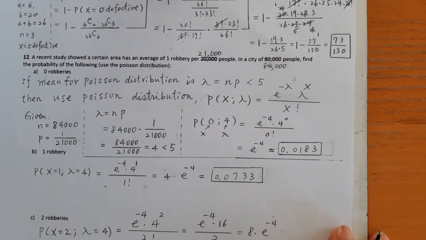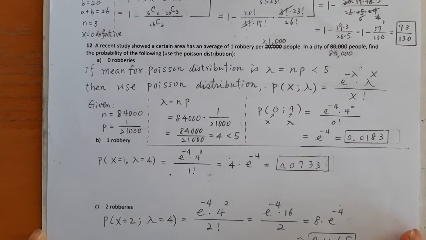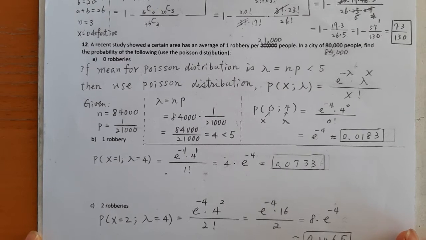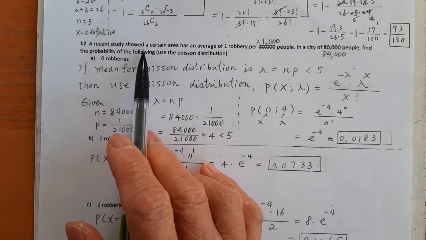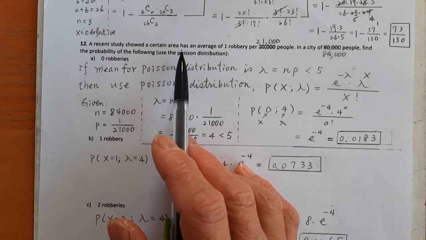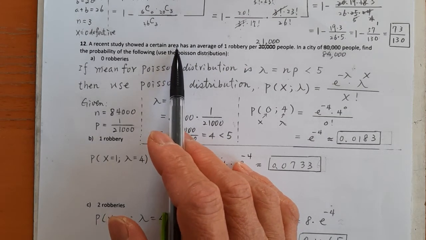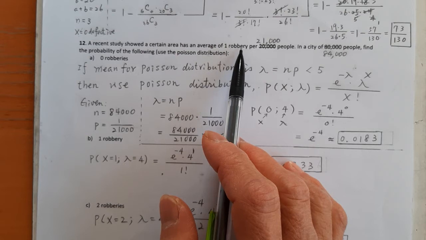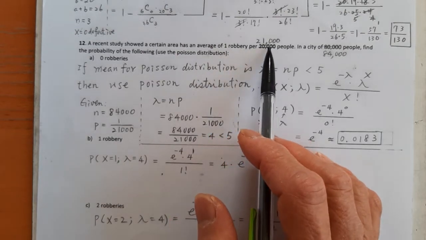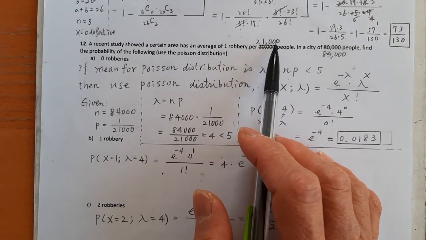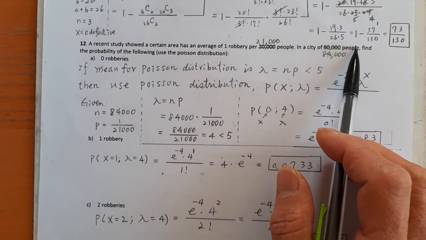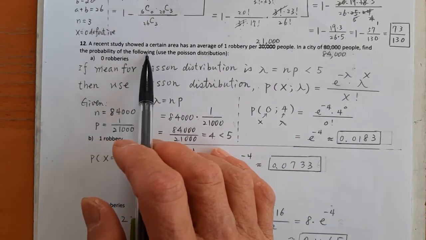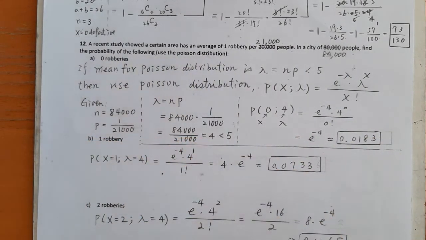Question 12 is going to be Poisson distribution. A recent study showed a certain area has an average of 1 robbery per, I changed the number, 21,000 people in a city of 84,000 people, and find the probability of the following. Use the Poisson distribution.